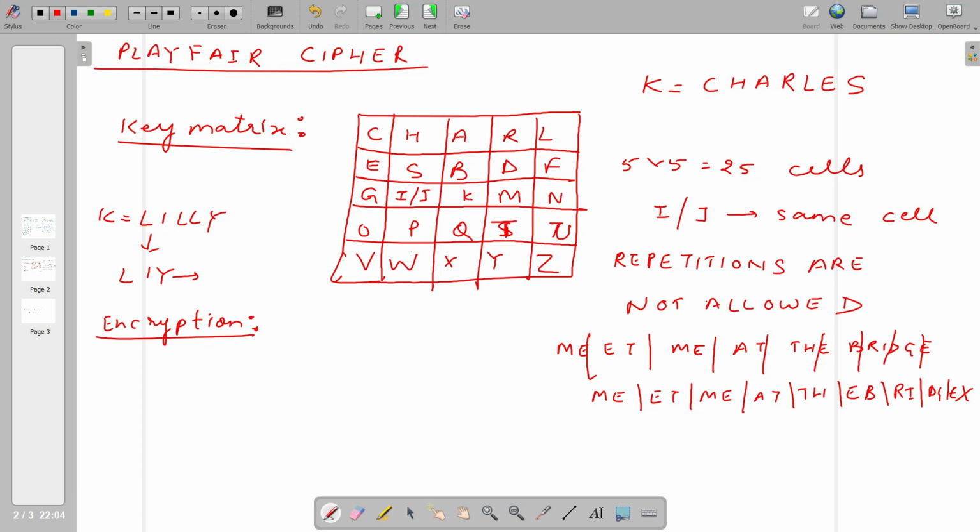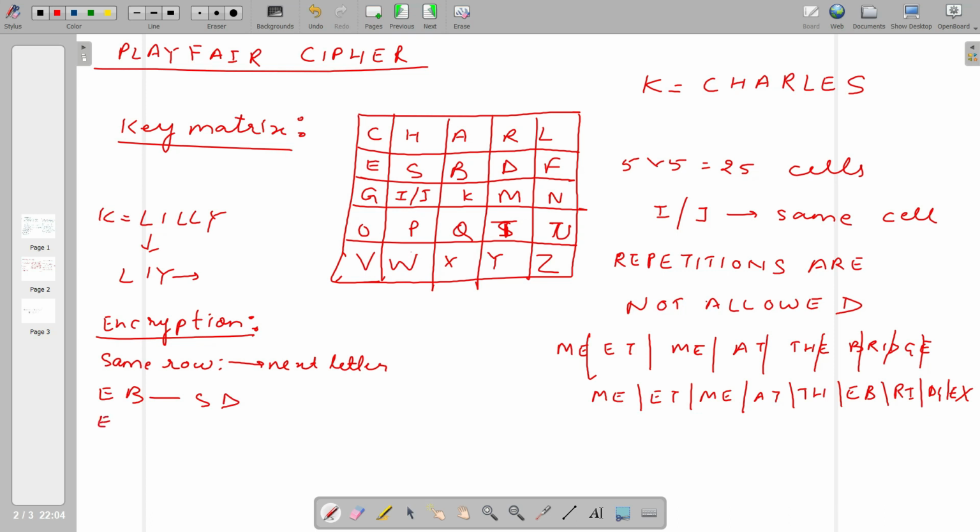Now how are we going to encrypt this? This is a trick. There are some rules. For example, if both the letters are in the same row. For example, E and B. Just see this matrix. E and B are in the same row. So we are going to replace them with the next letters. The letter next to E is S and next to B is D. So EB is going to be replaced with SD if they are in the same row.